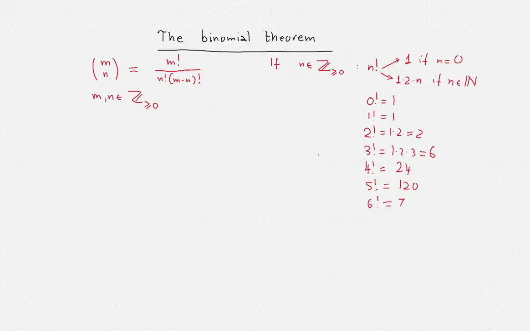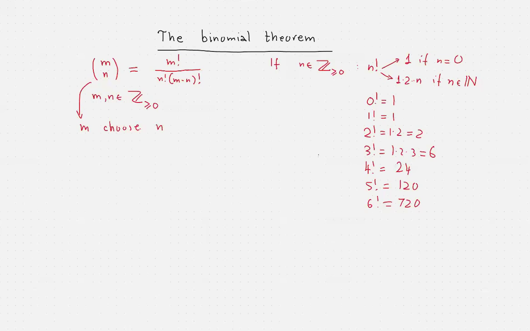There are different notations for this, but this is a classical one. And we call this m choose n. And this is well defined if m is greater than or equal to n.